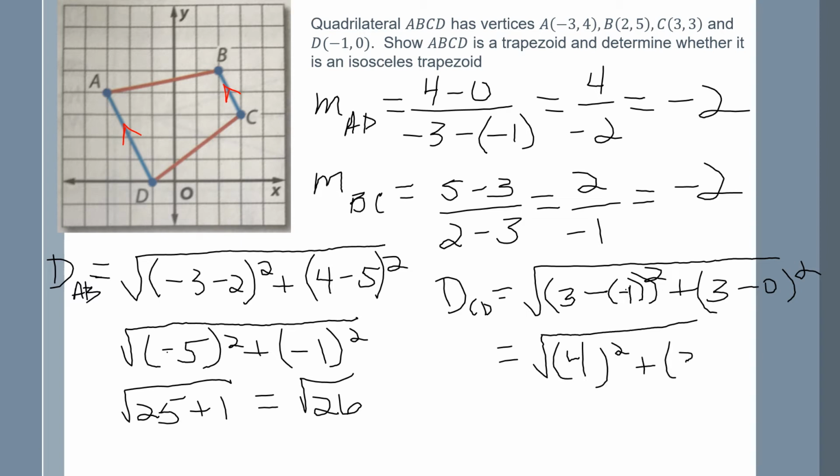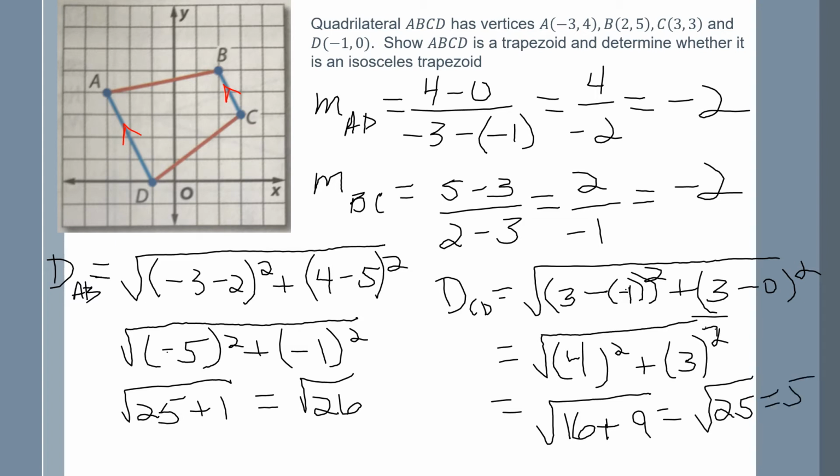Plus 3 minus 0 is 3, and we square that. We end up with 16 plus 9, which is the square root of 25, which is equal to 5. So ABCD is not isosceles, but it is a trapezoid.